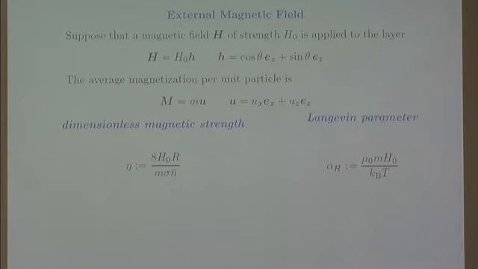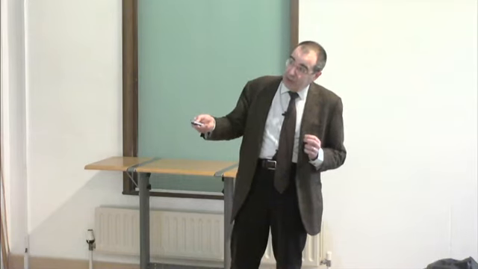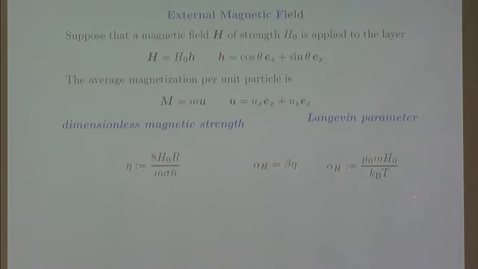For later comparison, I will remind you that for a paramagnetic gas, Langevin introduced this parameter, sometimes called the Langevin parameter, which is another way of expressing the strength of the applied field, but relative to the thermal energy instead of relative to the permanent moment carried by each particle. The interesting point is that these two dimensionless parameters, alpha, h, and eta, are related via this dressed interaction parameter beta, and this will play a role in a minute.